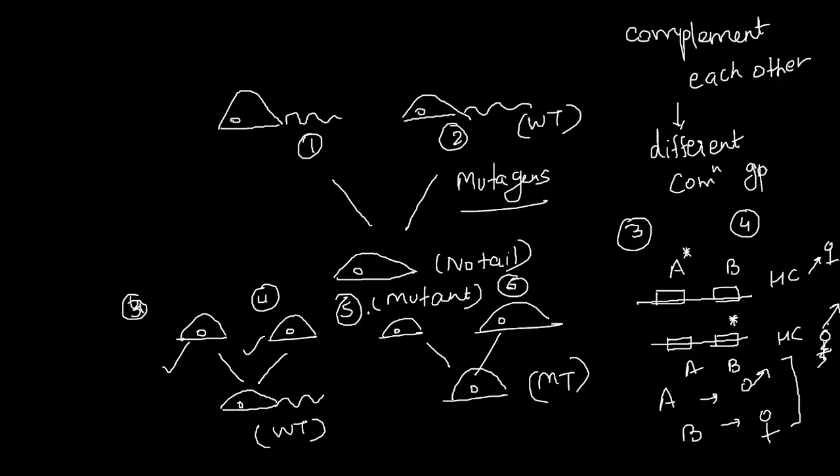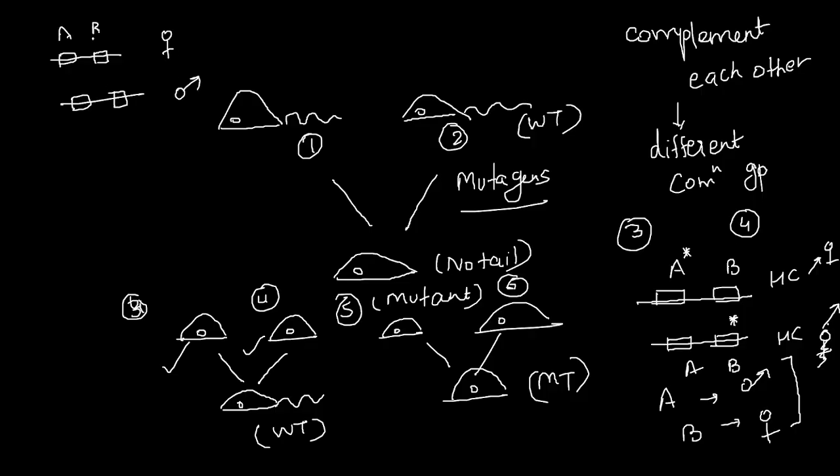Similarly, if you see mice number 5 and mice number 6, they are not complementing each other. It means they have the mutation on the same gene, either in gene A or gene B. If we talk about 5 and 6, let's make it here. You can say this is 5 and this, let's say, is from the mother, this is from the father.